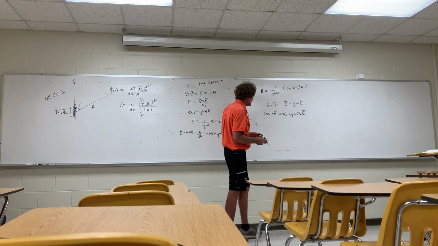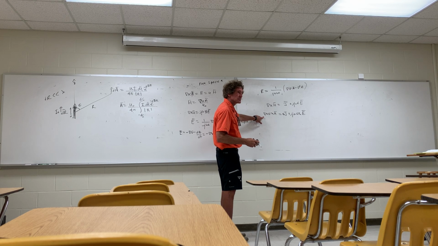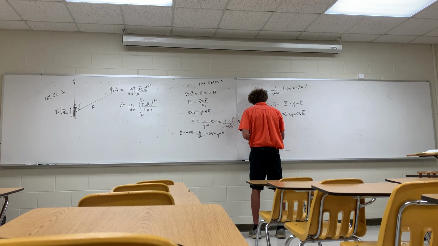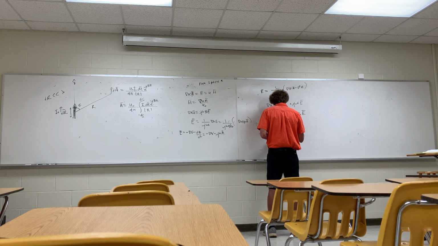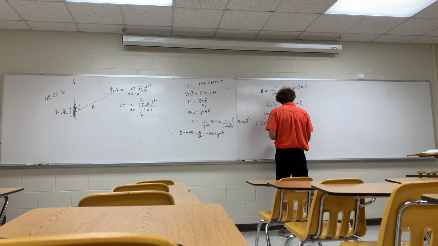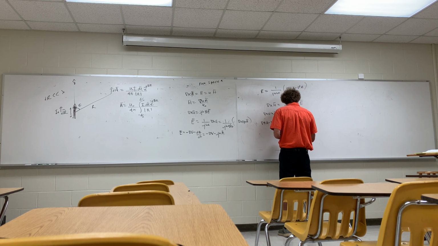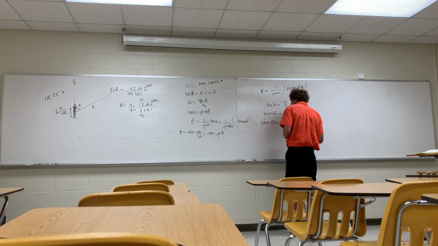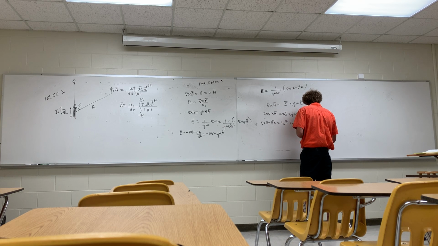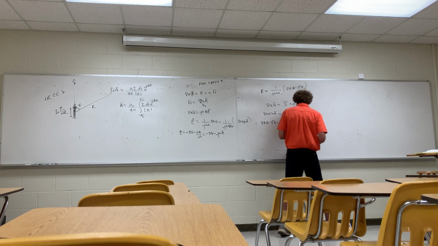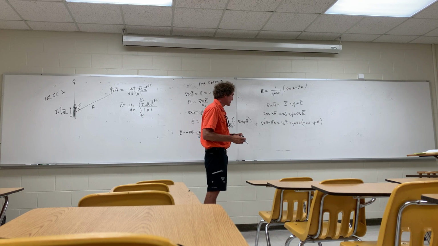Now, the next thing I'm going to do is break this up using the vector identity: the gradient of the divergence of A minus del squared of A is equal to mu 0 J plus j omega mu epsilon times minus the gradient of V minus j omega A. Just bear with me on this one. You'll see what I'm doing.